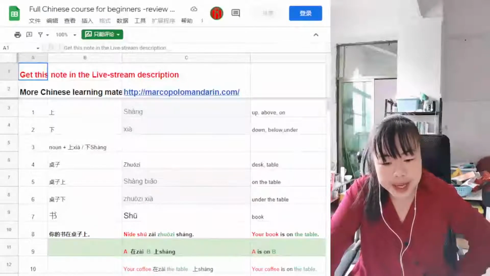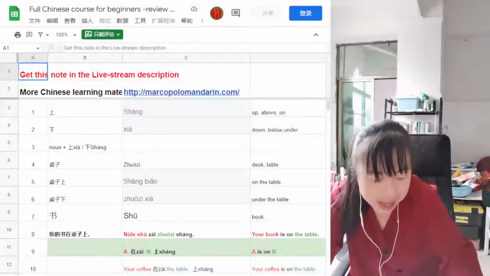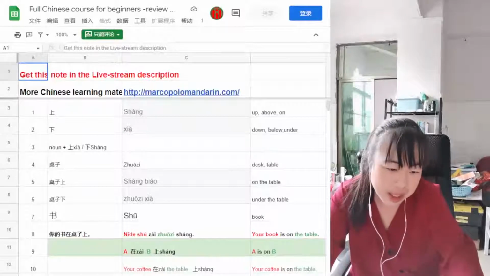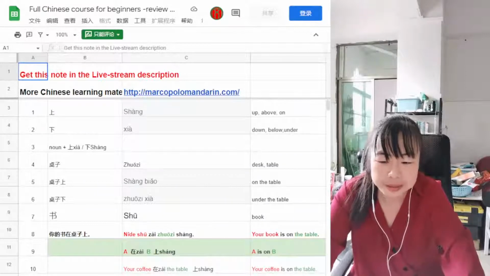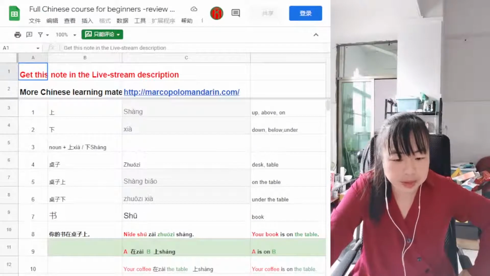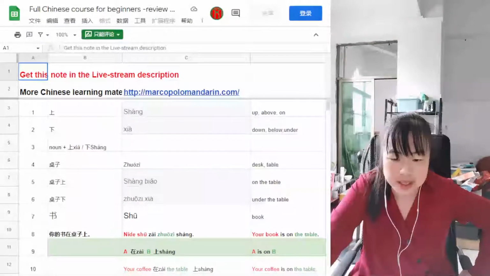A 在 B 里, or A 在 B 的里边, or A 在 B 里边. Okay, now I'll copy and paste the pinyin here: A 在 B. Now I'll mark it with colors. A is red.